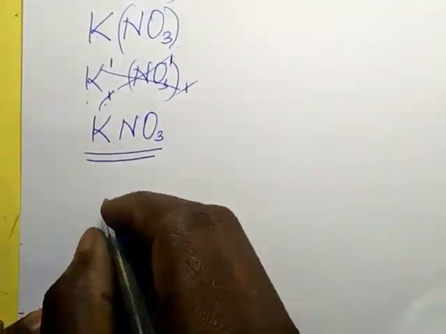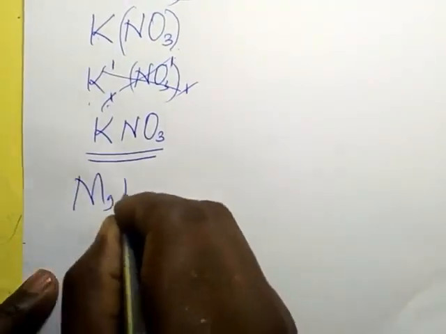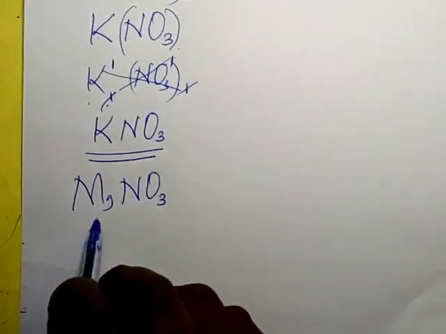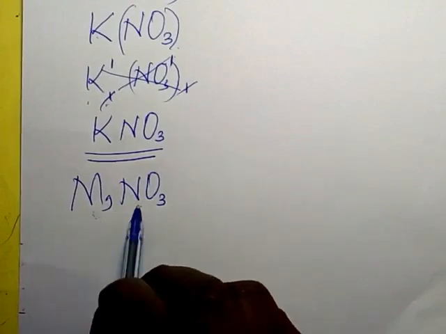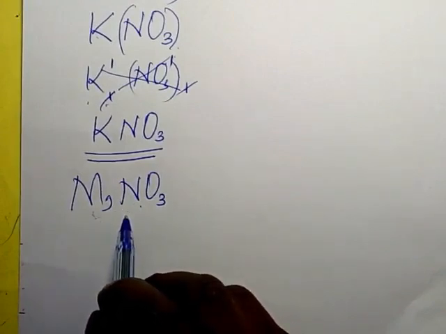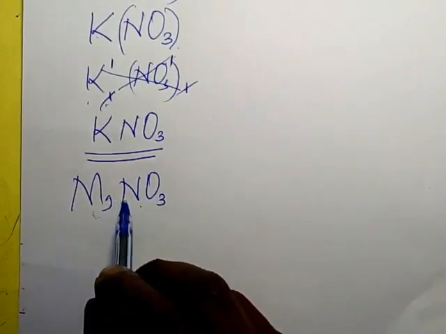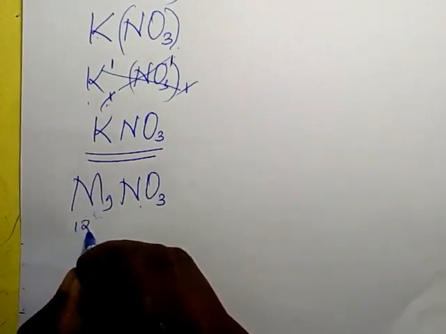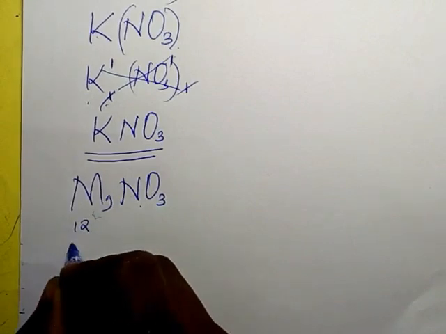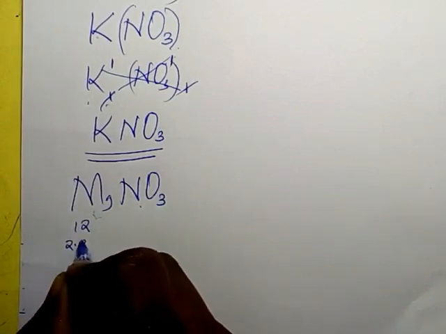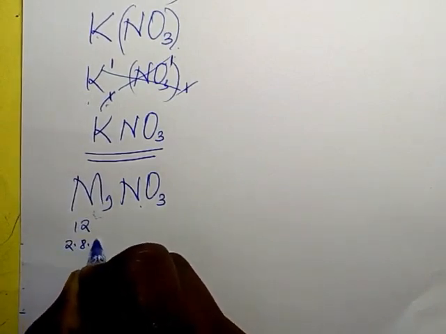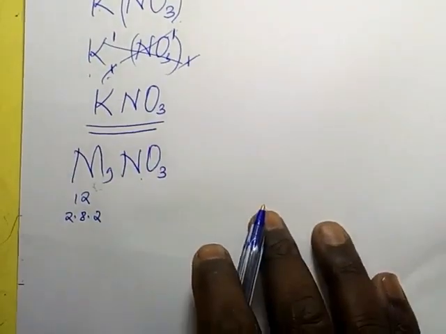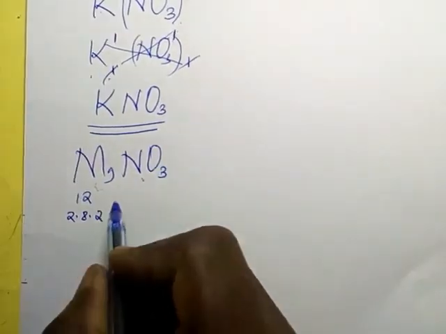But if it is magnesium nitrate, so if you write magnesium nitrate like this and leave it like that, you will be wrong. You have not considered the valence of each of them. Magnesium is atomic number 12, so electron configuration 2, 8, 2. And nitrate has a valence of 1. That one you must master. Nitrate has valence 1. So what happens?